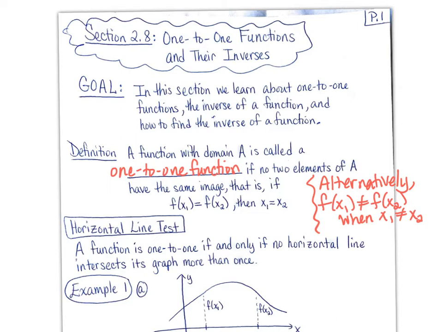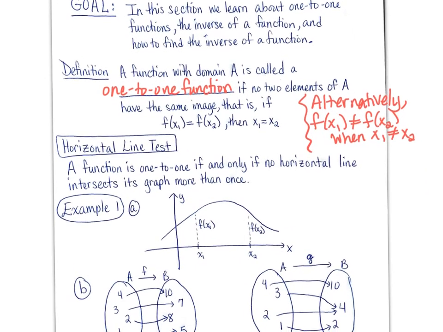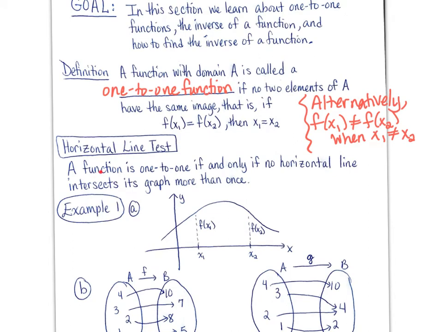If you're given a graph, the way we determine if a function is one-to-one is the horizontal line test. A function is one-to-one if and only if no horizontal line intersects its graph more than once.